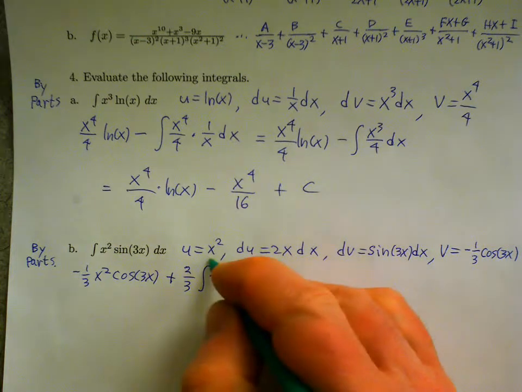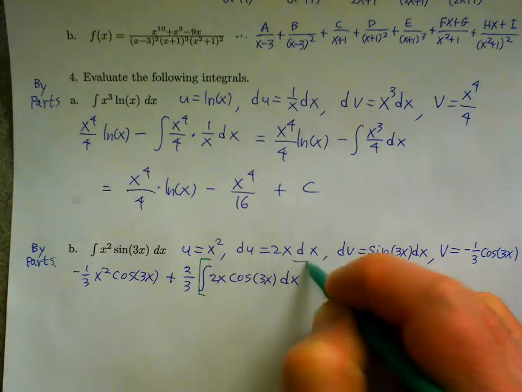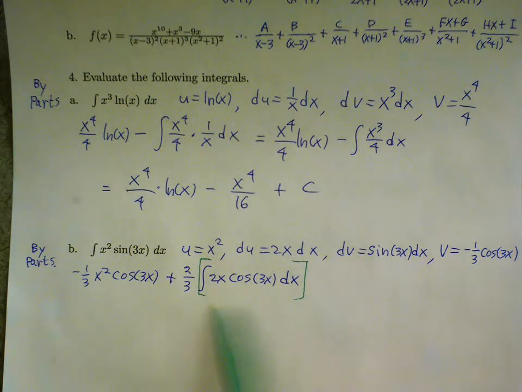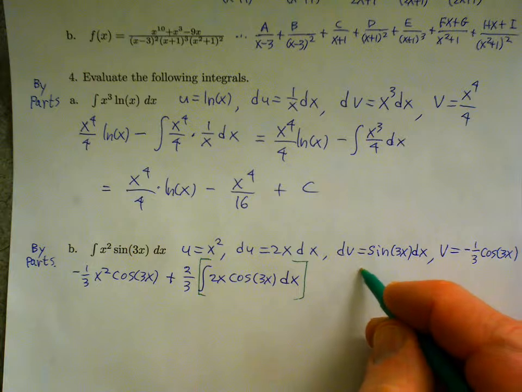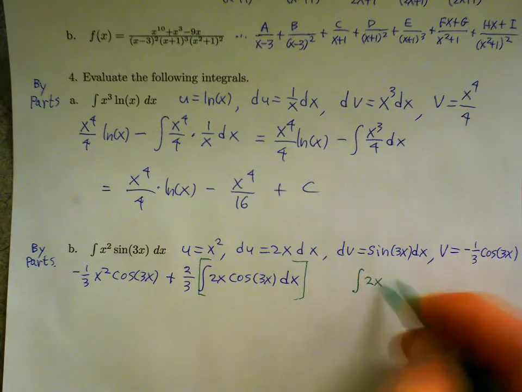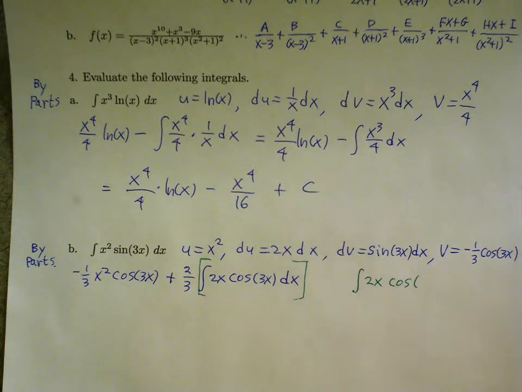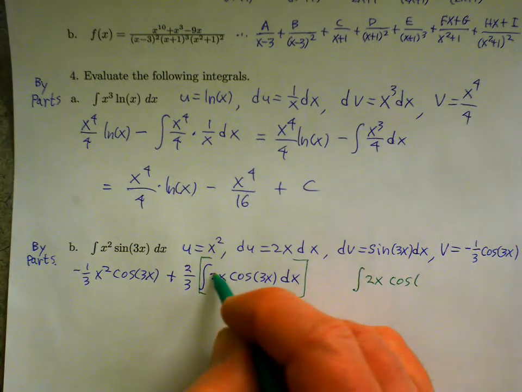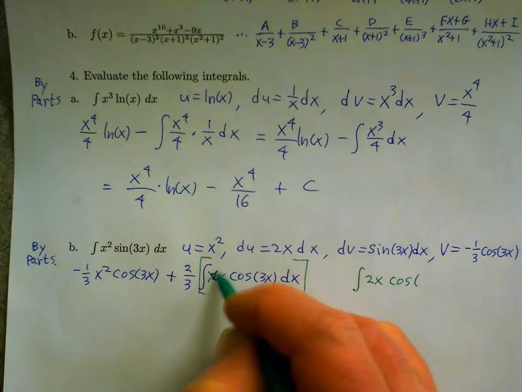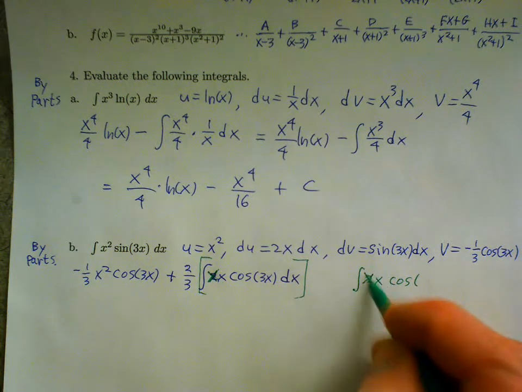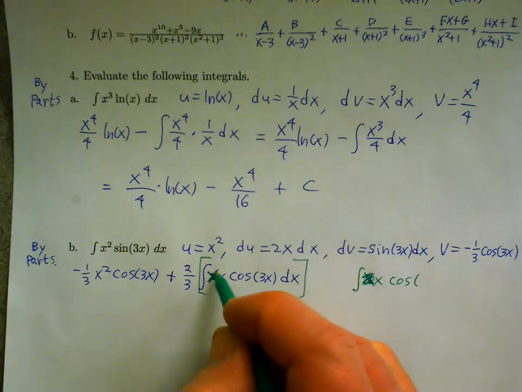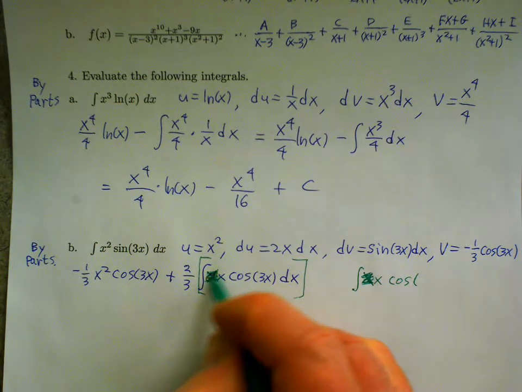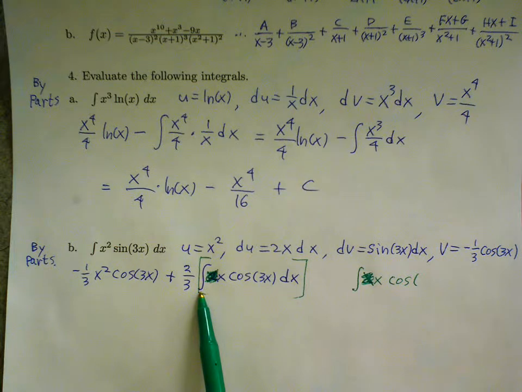Okay, then this part, let's look at this separately. We're going to integrate that by parts also. Oh, yeah, the 2. That's what you were saying, right? Yeah, I already brought the 2 out, so. Okay, yeah, it's the indefinite integral of x times cosine of 3x.